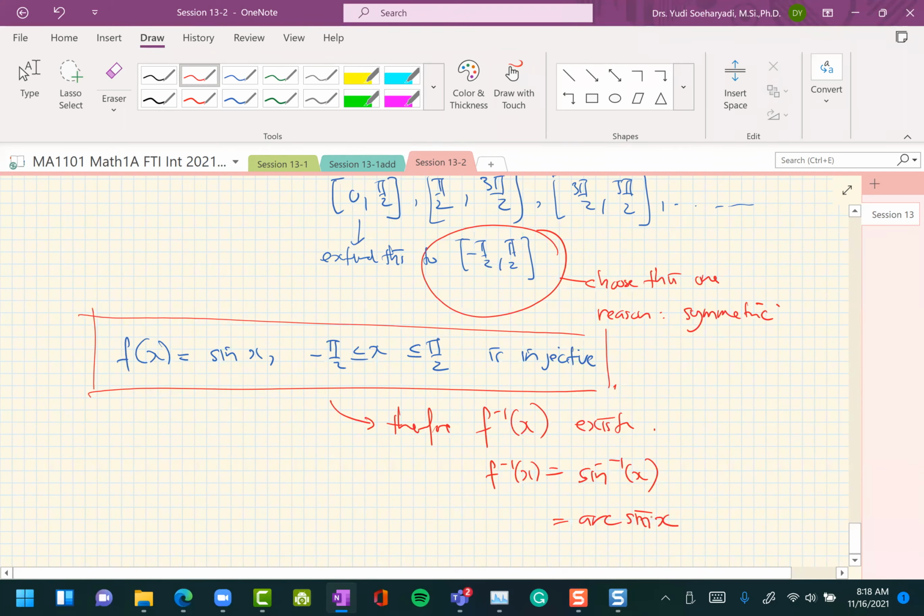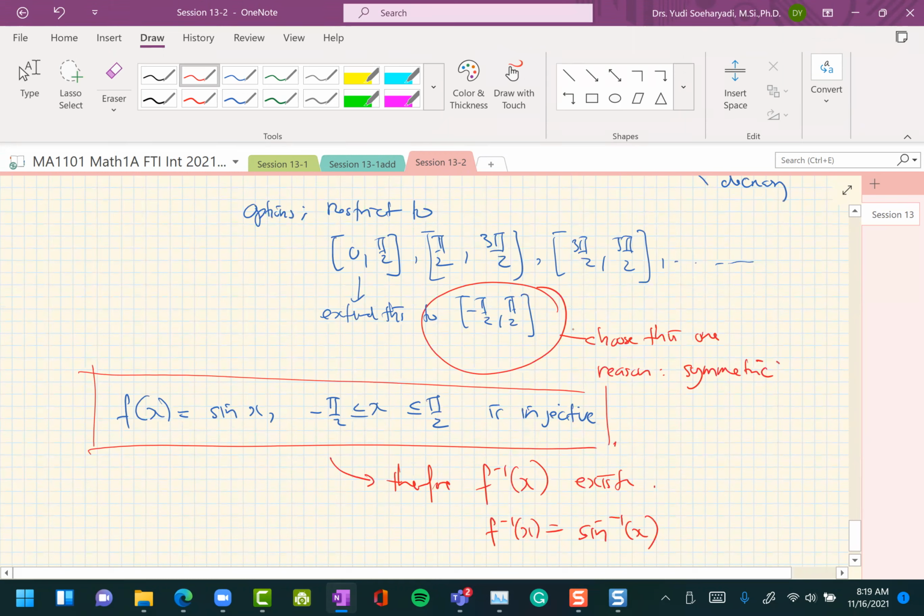Arcus sine. So that's the inverse, and that's the meaning of the inverse of sine. It doesn't mean it is the inverse for the whole sine, but for sine only on our choice of x between negative pi over 2 and pi over 2.